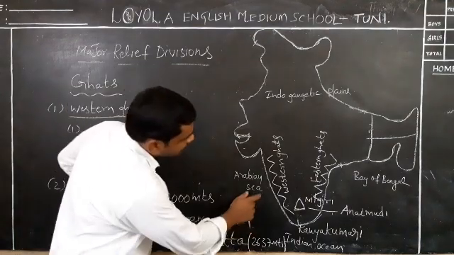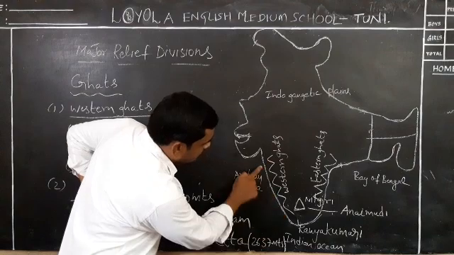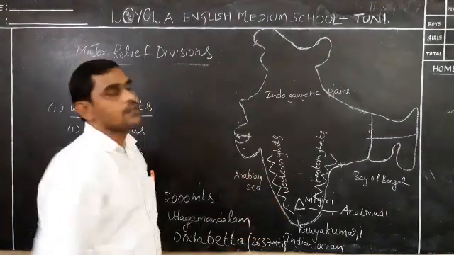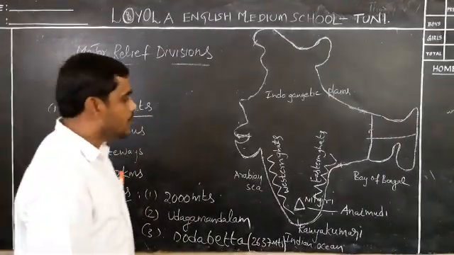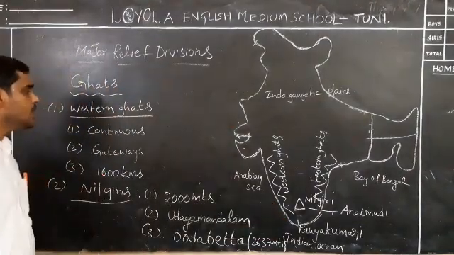Children, once look at the board here. The Arabian Sea is forming the coast. The coast name is the West Coast. So the Western Ghats are located parallel to the west coast and continuous.